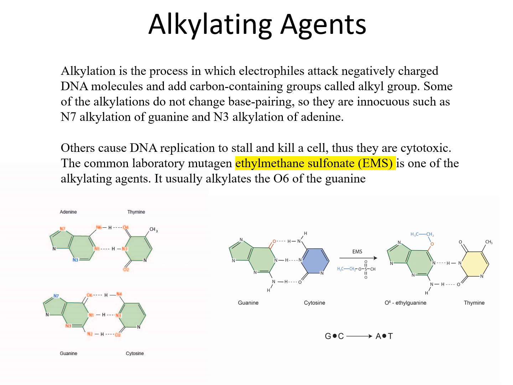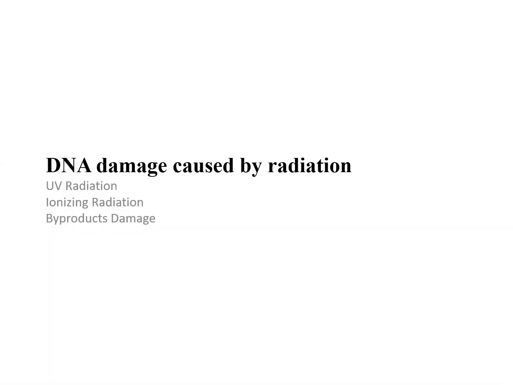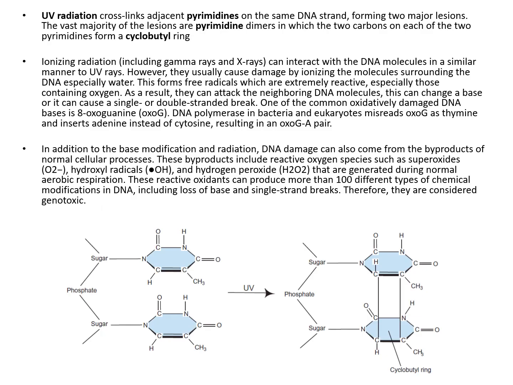That's alkylating agents. And the damage caused by radiation could be UV radiation, ionizing radiation, or byproduct damage. The UV radiation can cross-link adjacent pyrimidines on the same DNA strand, forming two major lesions.